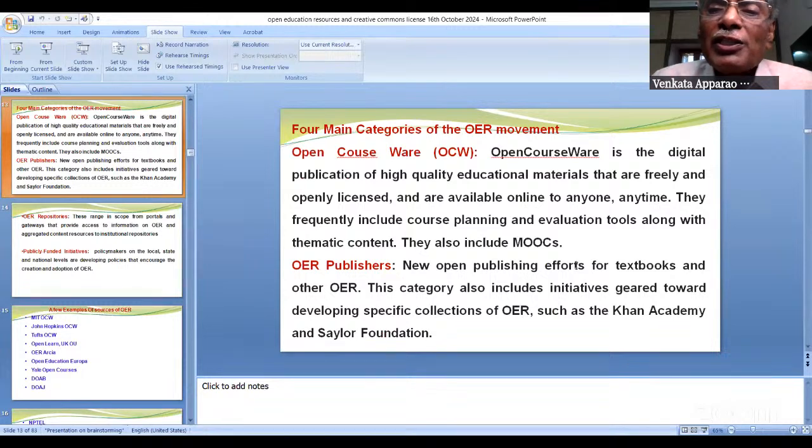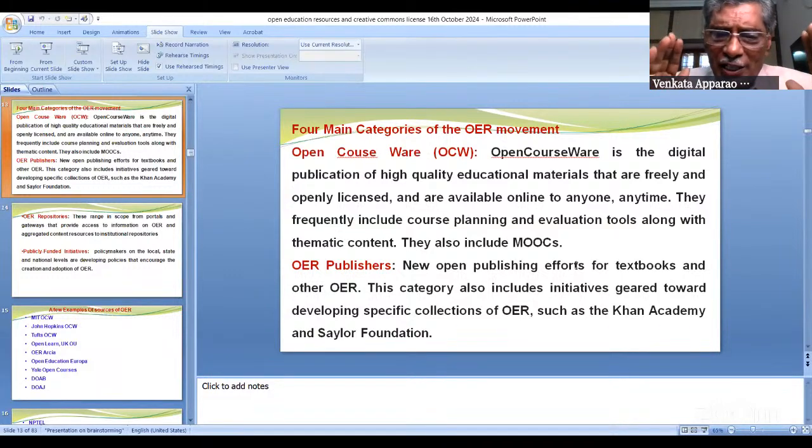There are 4 main categories of the OER movement. Open courseware, that is one category of OER. Open courseware is the digital publication of high quality educational materials that are freely and openly licensed and are available online to anyone, anytime, anywhere.